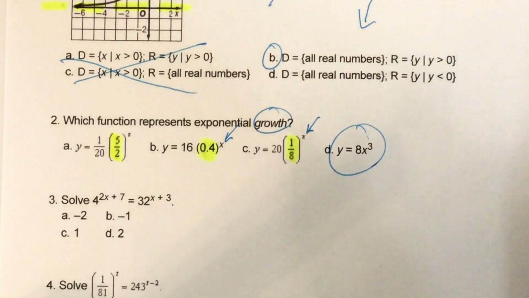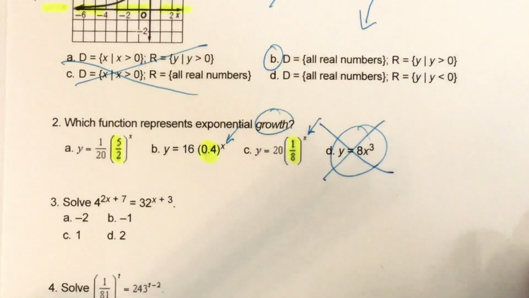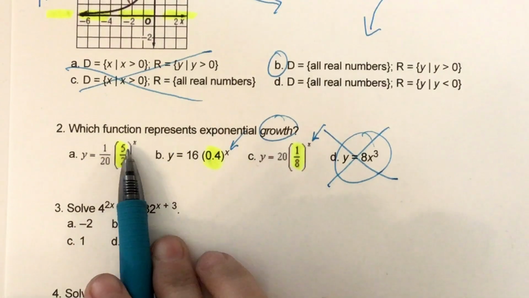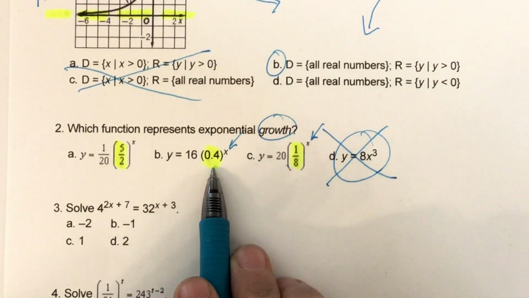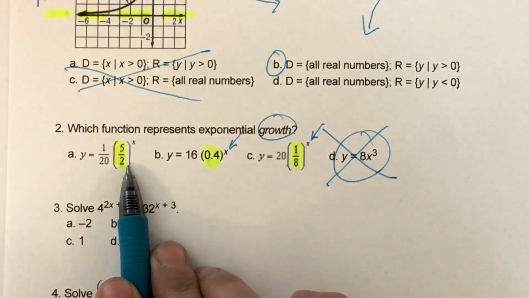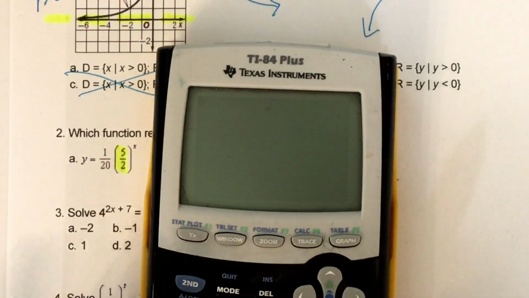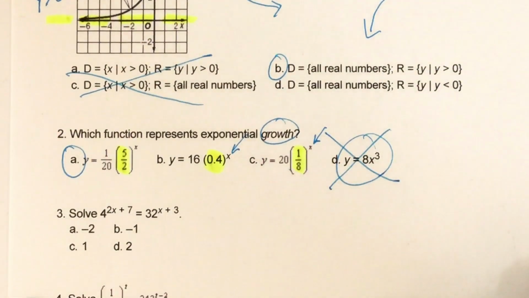This doesn't have x for an exponent, so this isn't even exponential. Whatever's under the exponent, for it to be growth, has to be bigger than 1. That's not bigger than 1. That's not bigger than 1. But that is. And if you didn't realize it was bigger than 1, you could put 5 divided by 2 in your calculator, and you would see it's bigger than 1. So A is our winner, winner, chicken dinner.